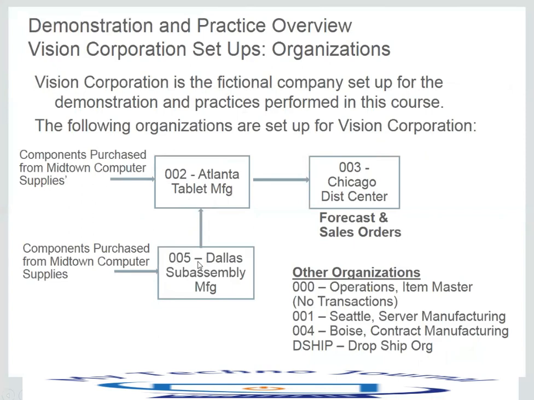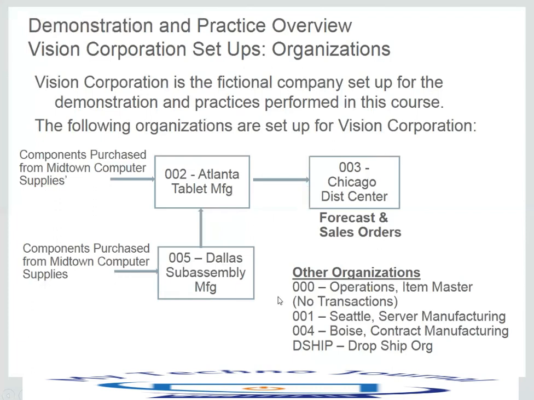We have another organization, 005, Dallas Subassembly Manufacturing. All the subassemblies required to produce this particular tablet are produced in the Dallas organization, and the components required for this are supplied by your supplier Midtown Computer Supplies. So there you have a transfer rule, here also you have a transfer rule, here you have a buy rule, here you have a buy from rule.